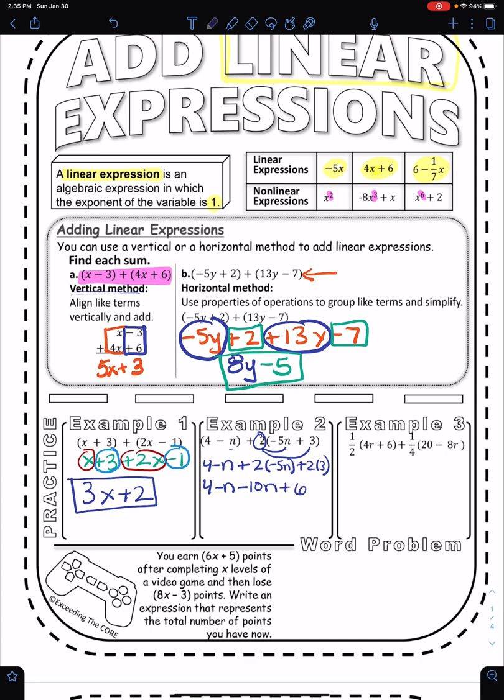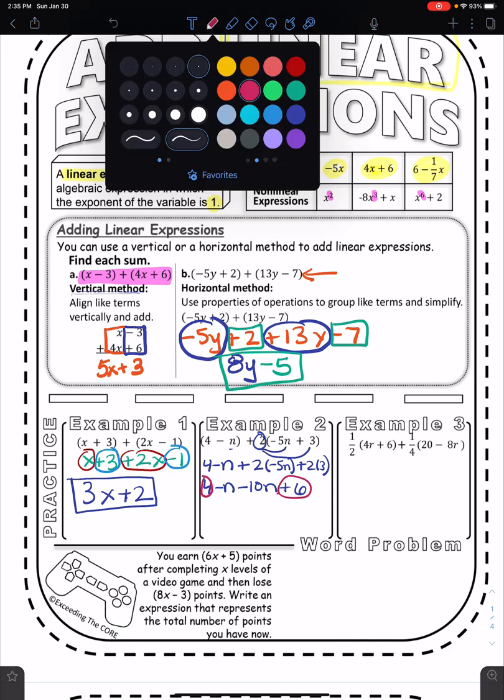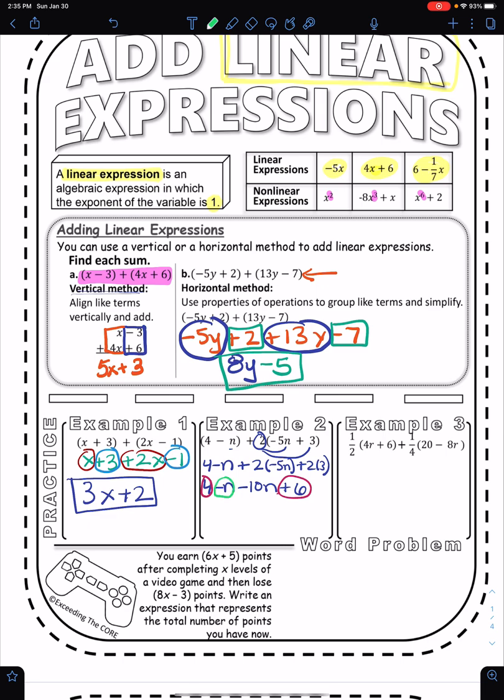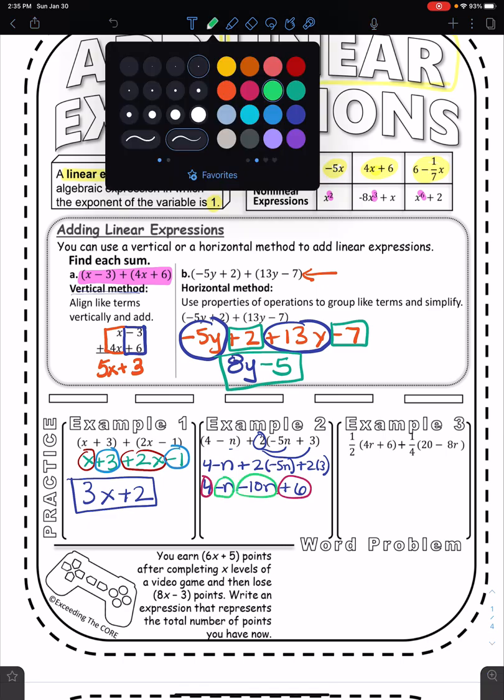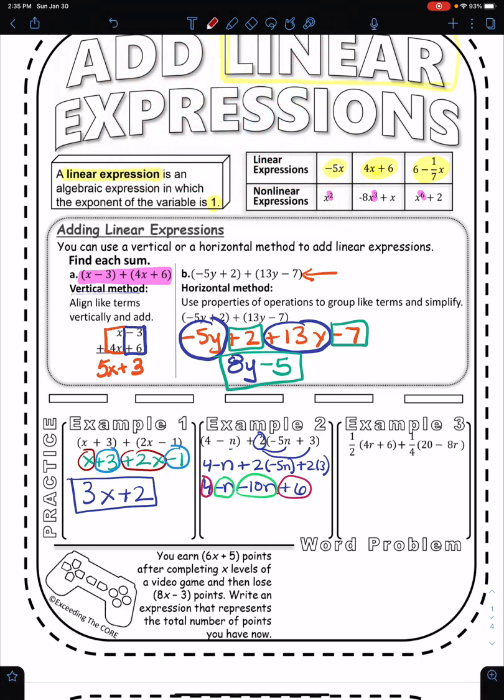Now I'm going to show my like terms. I have a 4 and a 6, and then I have 2 n terms, a negative 1n and a negative 10n. My answer will be what I get when I combine my like terms. First I'm going to put the n term down, because we like to have the variable terms first and the constant last. So negative 1n and negative 10n makes negative 11n, and then 4 plus 6 is 10. And that's my simplified expression.